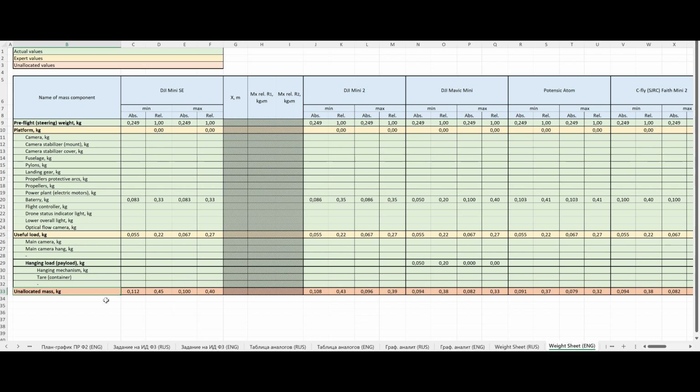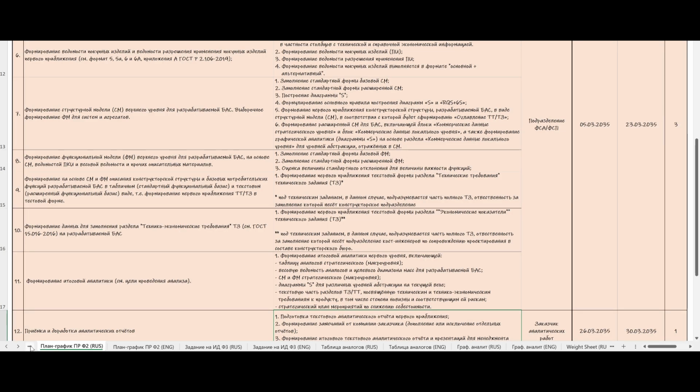Another reason why it's necessary to strive to move as quickly as possible from the statistical values of the weight list to the actual ones is the presence of deviation for small class micro unmanned aircraft vehicles from the statistical weight values for the larger devices, which becomes obvious not only in comparison with larger unmanned aircraft vehicles, but even within these groups of UAS, in particular our sample of analytics.